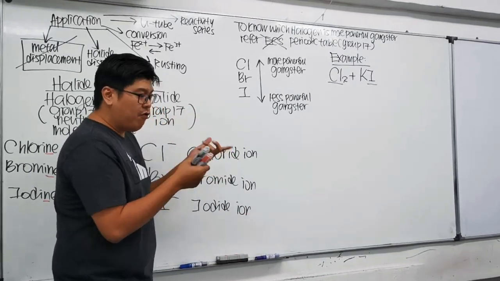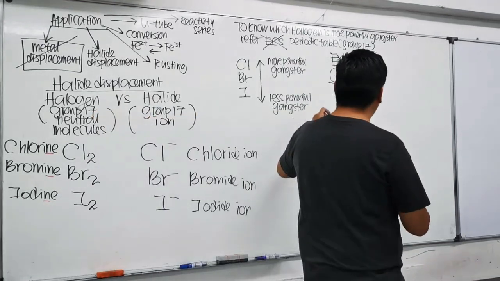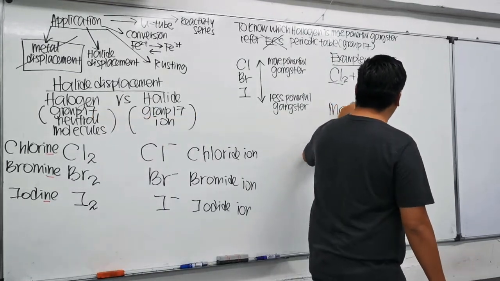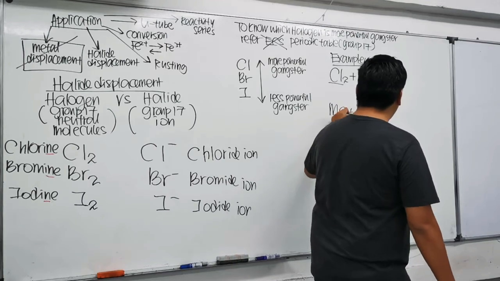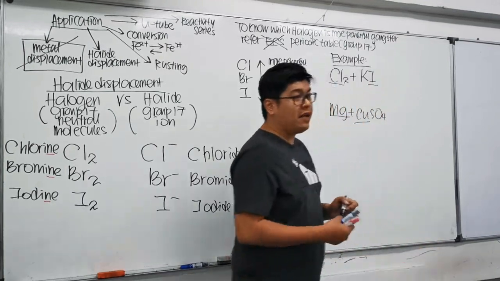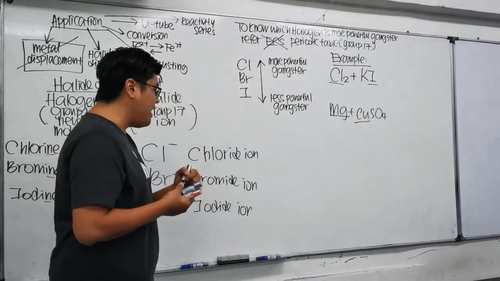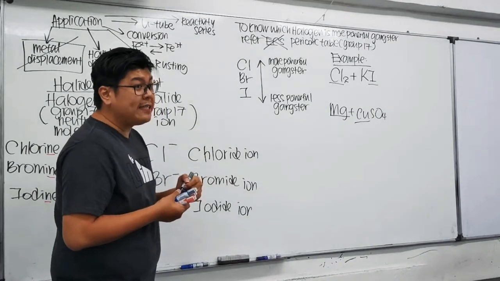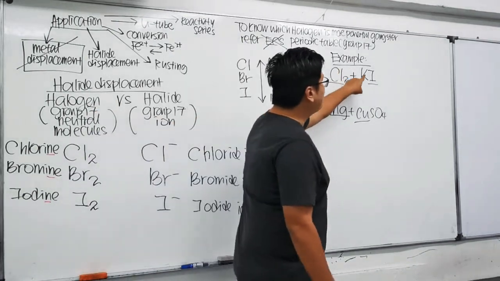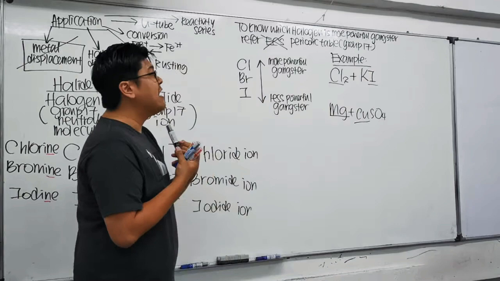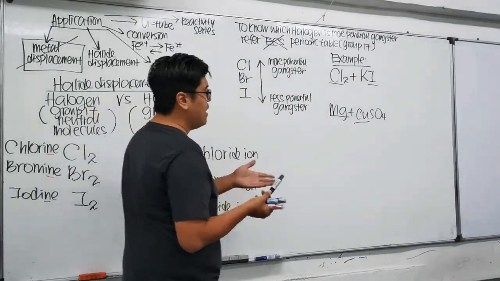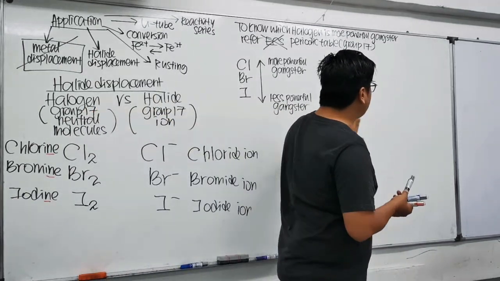Understand? For example, from last week, magnesium reacts with copper sulfate. Magnesium is a metal, copper is a metal. When two metals meet together, that is metal displacement. Today, when two group 17 fellas meet together, that is halide displacement. Okay, what is halide displacement all about?